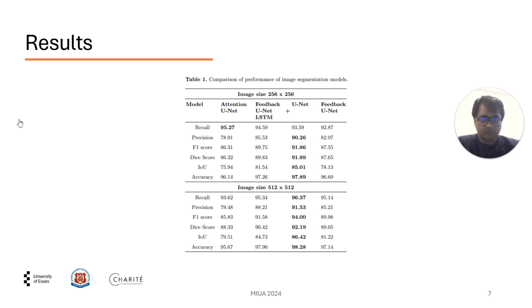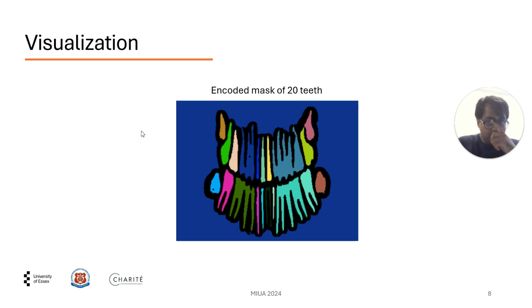But for our task, UNet was performing better on both image sizes, 256 and 512. This is the final encoded mask. In this mask, you can see every tooth is color coded, so we can easily identify whether a tooth is present in the image or not. And second, it also gives the count of the number of teeth present in the image.